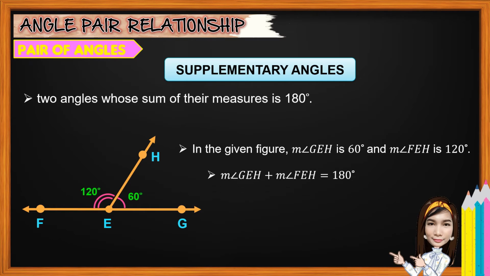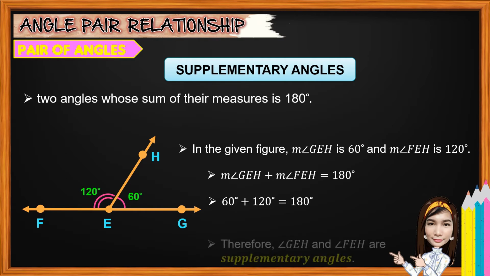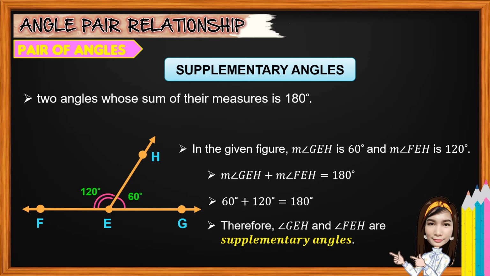The measure of angle GEH plus the measure of angle FEH is equal to 180 degrees. If we substitute the given values, we have 60 degrees plus 120 degrees, that is equal to 180 degrees. Therefore, we can say that angle GEH and angle FEH are supplementary angles.